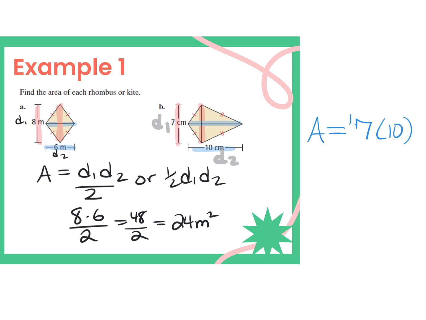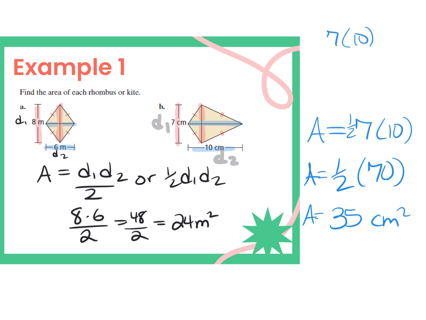And you could also multiply it by 1/2. It really doesn't matter. So 1/2 of 7 times 10, 7 times 10 is 70, and then 1/2 of that is 35, and these were centimeters. Again, if you'd rather do 7 times 10 divided by 2, that works as well.